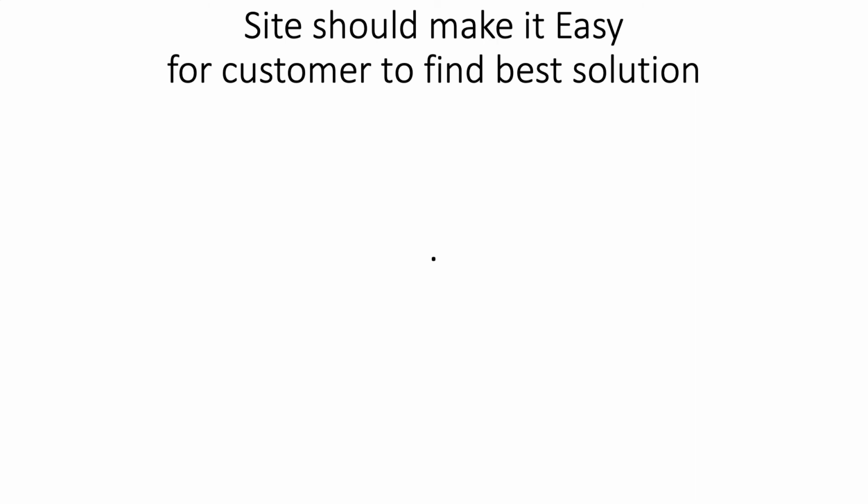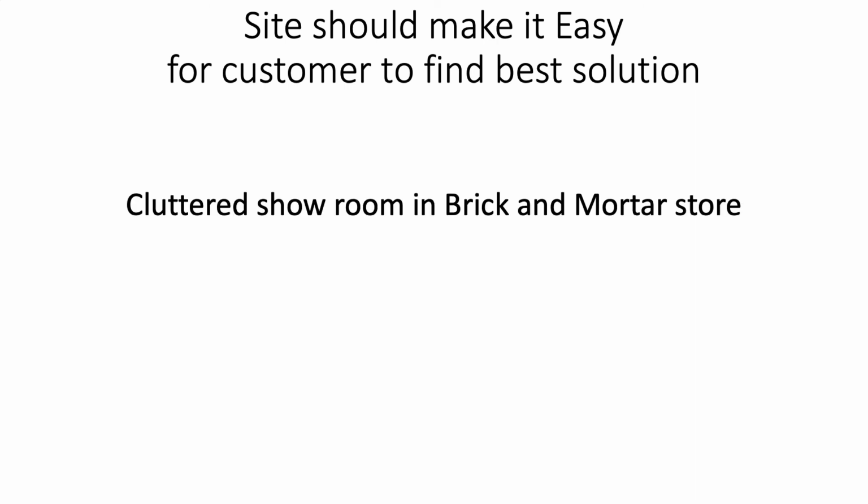Okay, the site should be easy for customers to find the best solution. I hate going to a cluttered showroom in a bricks and mortar store, and the thing that comes to mind is the front store in front of a Cracker Barrel restaurant. I mean, I don't see how anybody finds anything. There's little aisles with stuff piled up everywhere, and I guess some people like that.